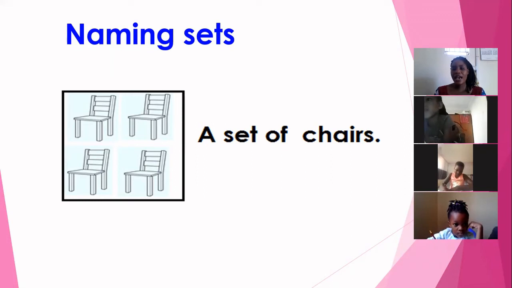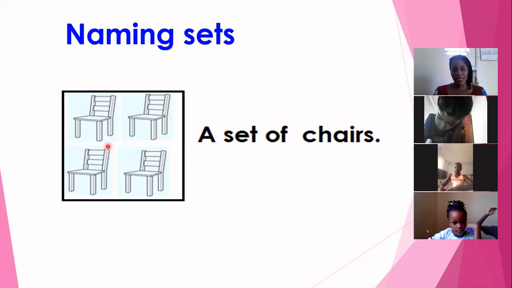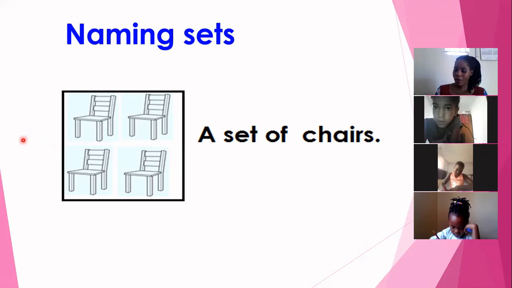So a set has to be enclosed. Enclosed means something that is outside. Now the square where our objects are put is the one enclosing the set. So sometimes they ask you, draw a set. Make sure the set is enclosed.